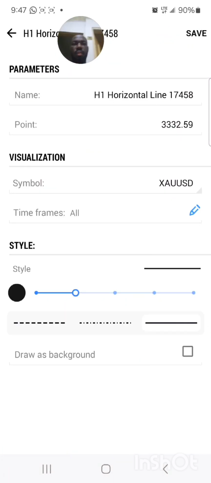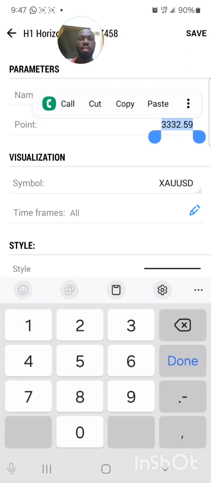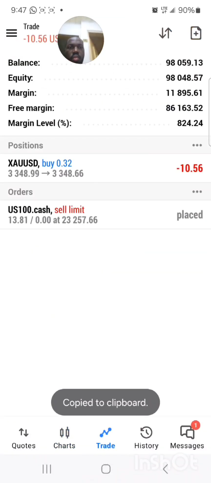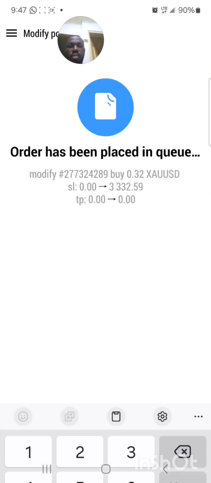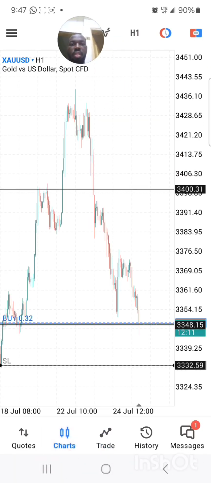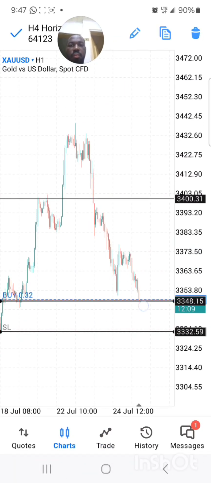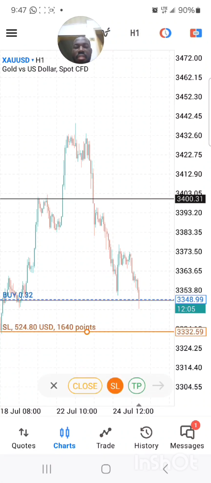So we come here, copy it, modify, put our stop loss, modify. Now if you come back to this chart, you're going to see that we're risking $424, approximately $500 on this same trade.